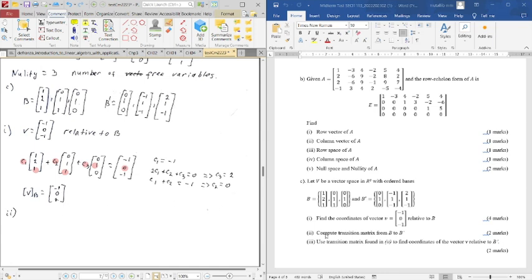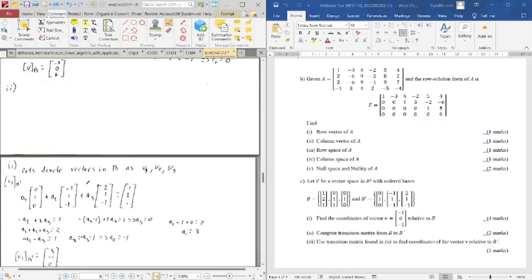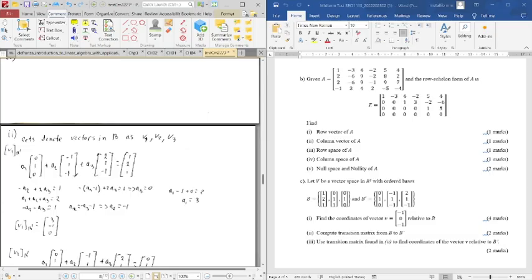For the second part, it's asked to compute the transition matrix from B to B prime. To calculate this, we put the vectors in the set B and denote them V1, V2, and V3.